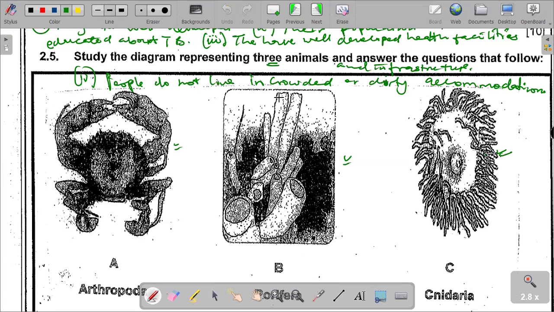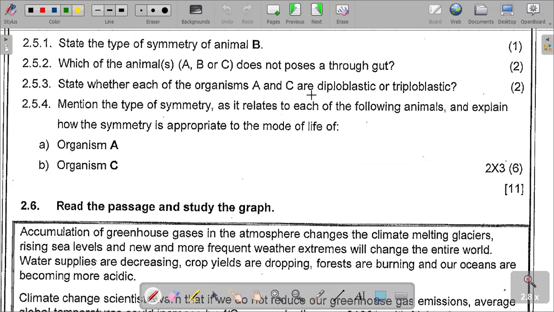So the type of symmetry in B is what we call asymmetrical. We can say that B is asymmetrical.